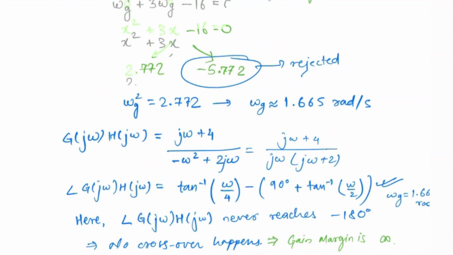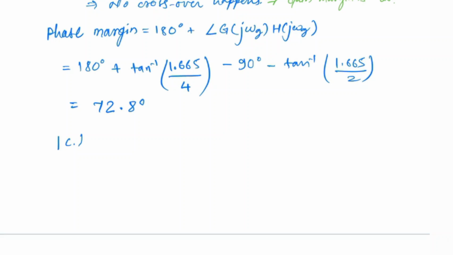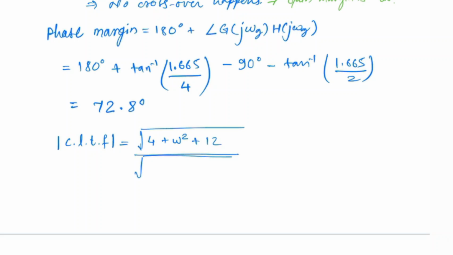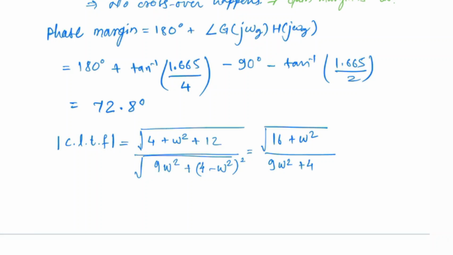And if we take its magnitude, that would turn out to be, so to find the magnitude, we'll take the limit omega tending to 0.